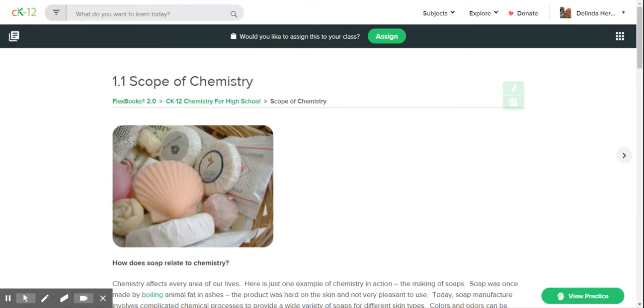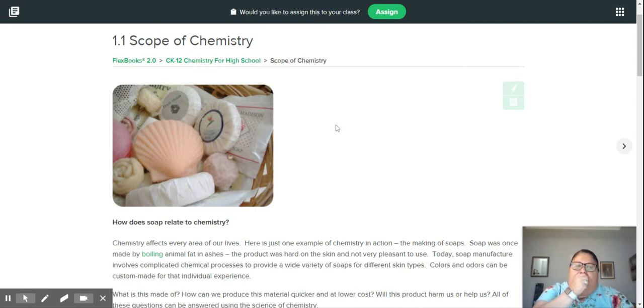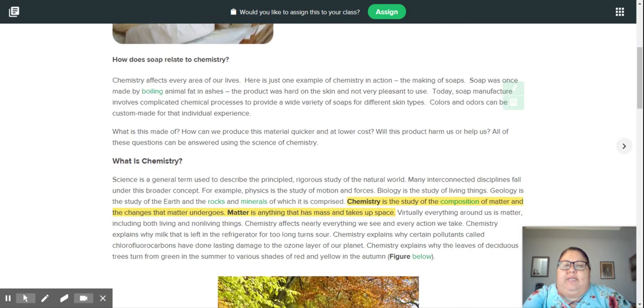Now, we went over the scope of chemistry. So how does soap relate to chemistry? Chemistry affects every area of our lives. Here's just one example of chemistry in action.